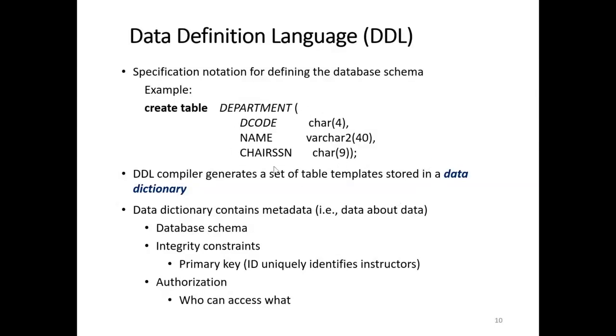Once we submit this query, which is called data definition language, a schema of the table will be created, and this table's information will be stored in a data dictionary. Sometimes we also call the data dictionary a data catalog. The data dictionary stores the metadata.